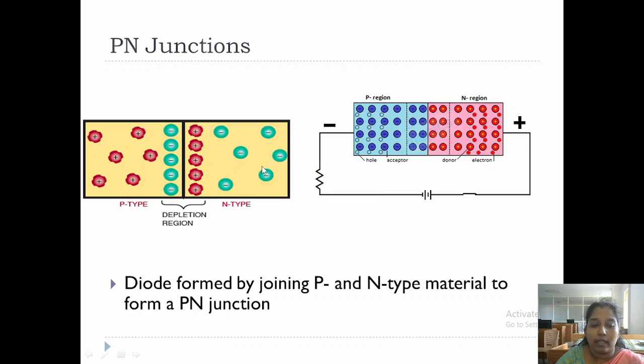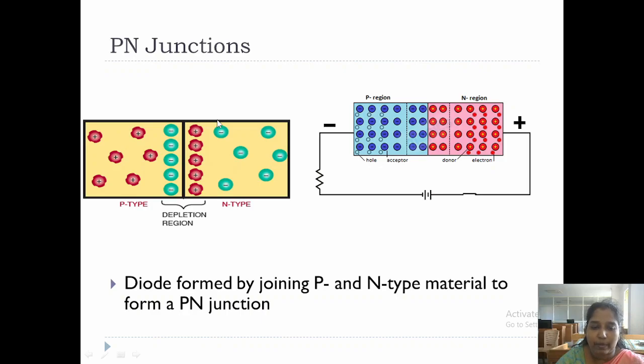This junction is the border where the P-type and N-type regions meet. This silicon crystal with P and N-type impurity is also known as a diode, because the P-type and N-type regions act like two electrodes.